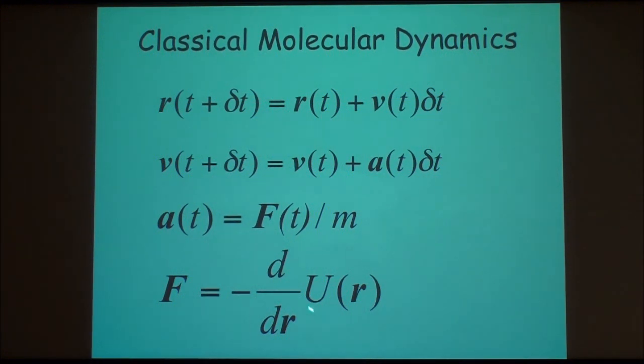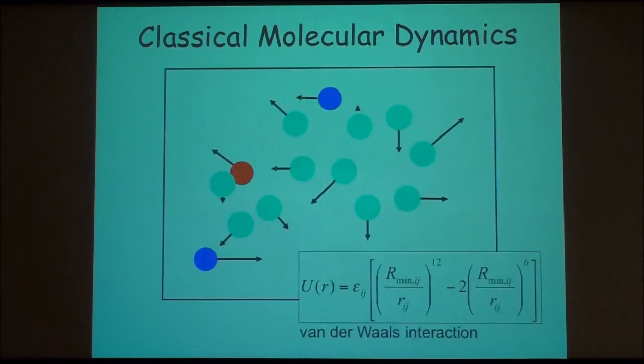Let's actually now talk about the energy function. As I pointed out, in order to calculate the force, we need to have the energy function. A lot of the effort that goes into biomolecular simulation is really defining this set of rules. So let's see what we have there. Let's start with a bunch of atoms not connected to each other.